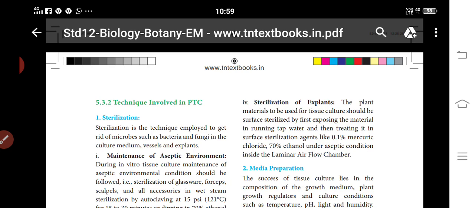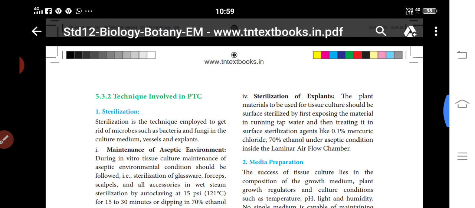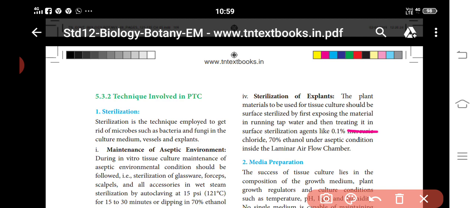First, the plant material to be used for tissue culture should be surface sterilized, by first washing the material in running tap water and then treating it with surface sterilization agents like 0.1% mercuric chloride or 70% ethanol under aseptic conditions inside the laminar airflow chamber.